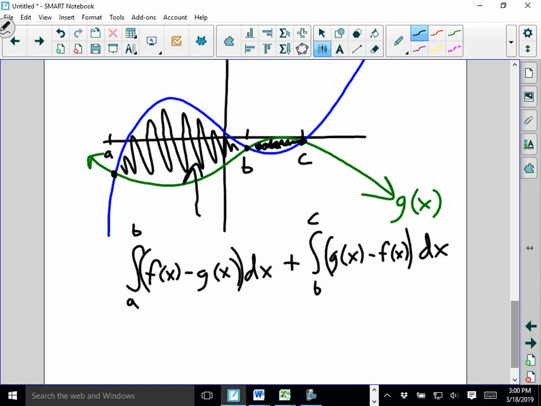But there's another way to do this one too that eliminates needing to know about point b. Okay? So what I can do is, imagine, what if I had these backwards here? What if for this first integral, I did g of x minus f of x?